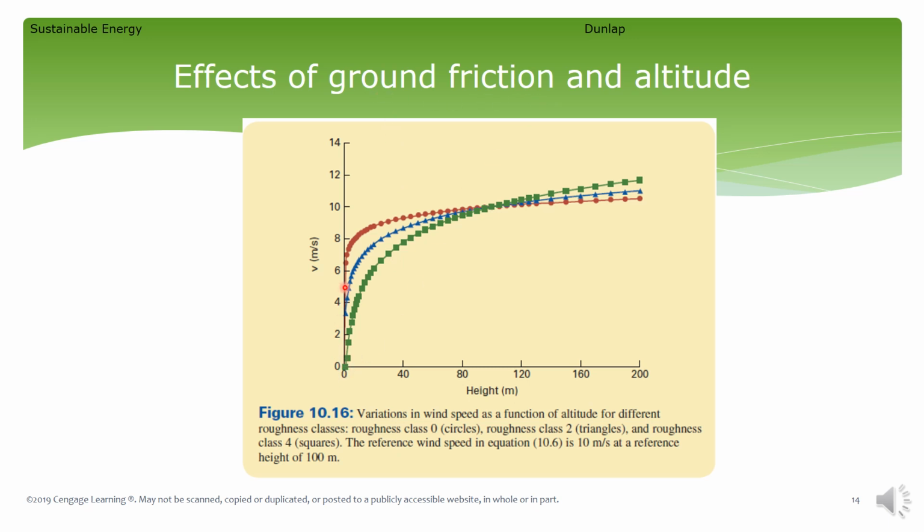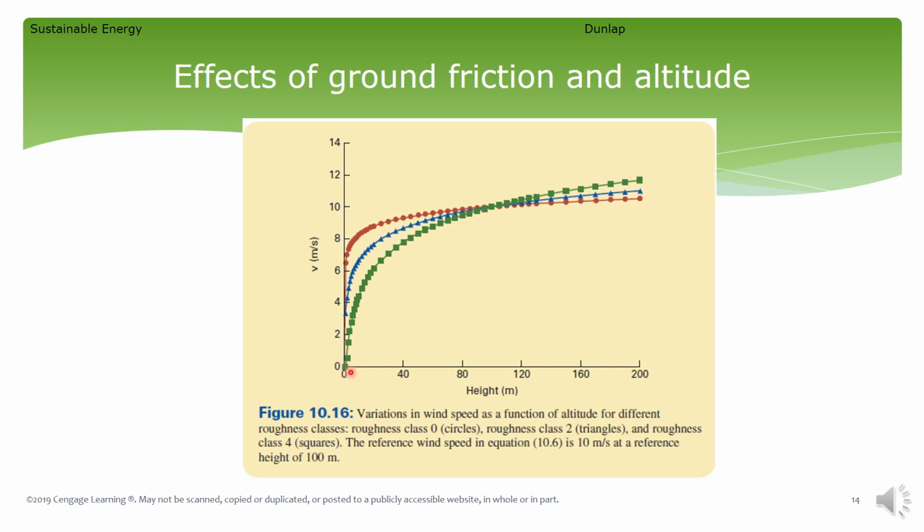Because class 4 has the greatest ground friction, the wind speed is lowest among the three.